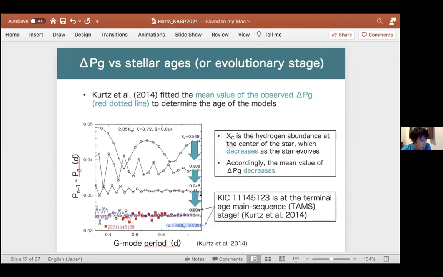Finally, they found that this star is at the terminal edge of the main sequence, meaning that this star has exhausted almost all the hydrogen in the nuclear core. This is what they did by focusing on delta PG.